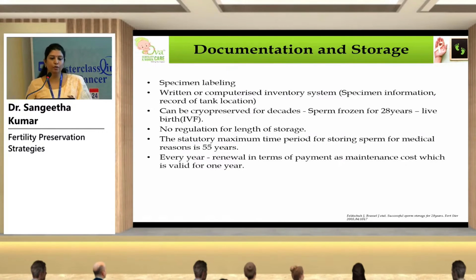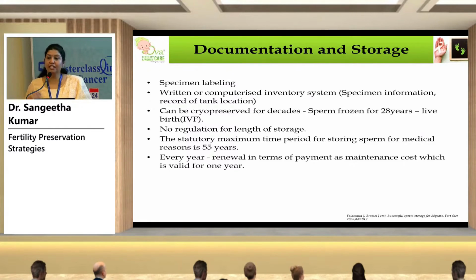Regarding the documentation and storage, usually all the samples are labeled, and we have a written as well as a computerized inventory system. Since all sperm, eggs, and embryos, once they are in the frozen state, are in a dormant state, we can preserve them for decades, but the Indian guidelines don't allow that.